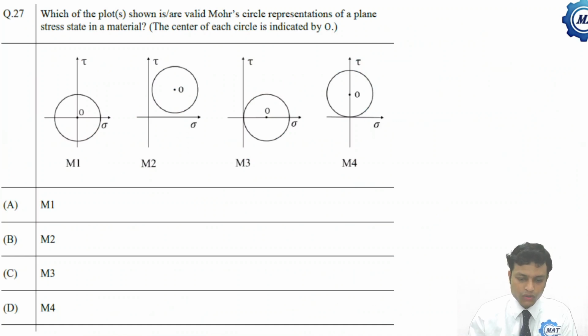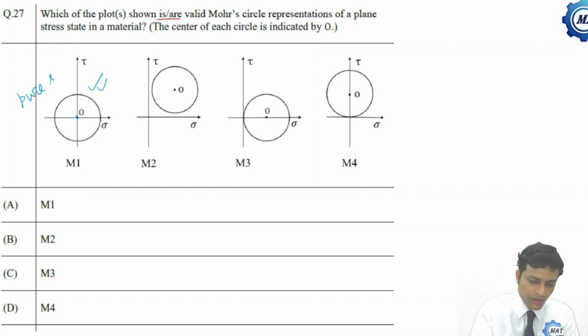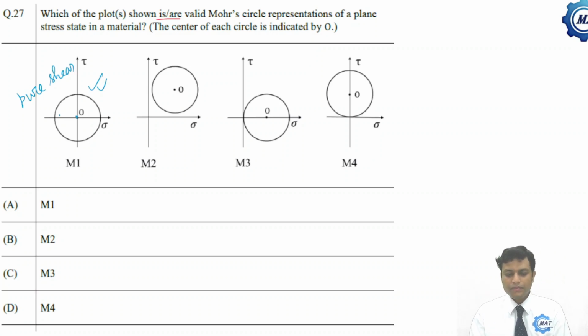Which plot shown is or are valid Mohr circles representing plane stress in a material? There may be one option or two options. The center of each circle is indicated by O. So here this may be a Mohr circle for plane stress. This is for pure shear. This is a Mohr circle for pure shear.